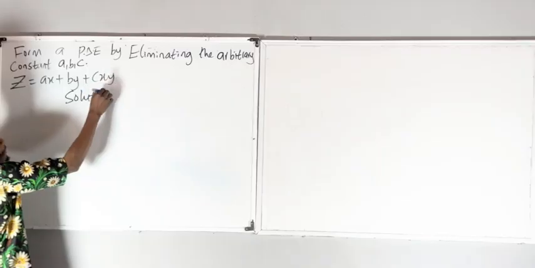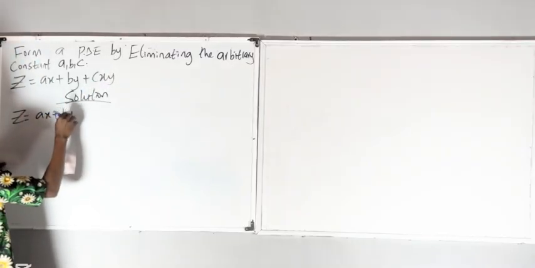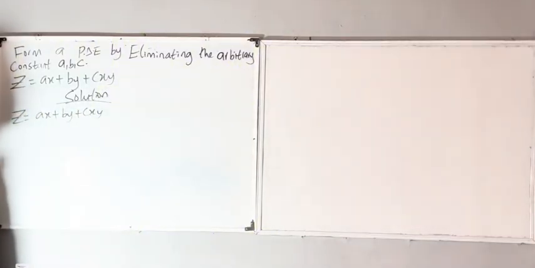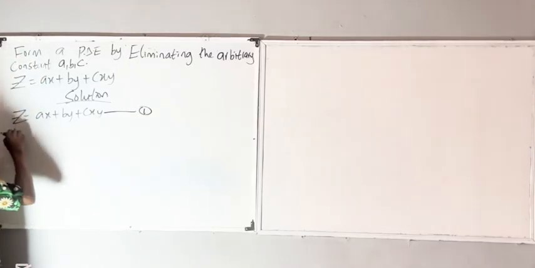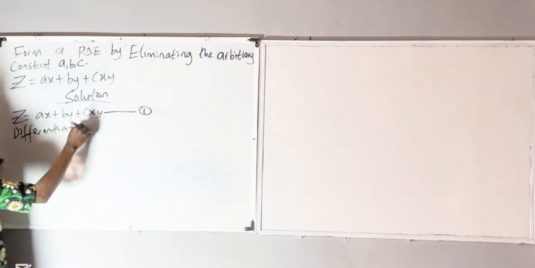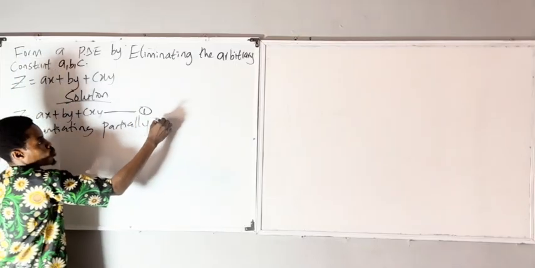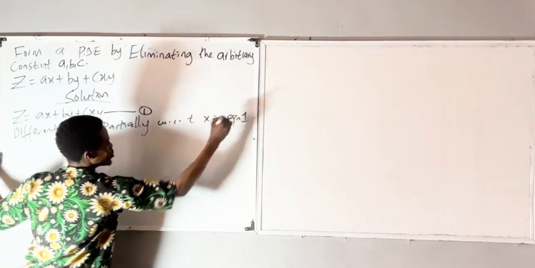So solution, we have z as ax plus by plus cxy. I'm going to differentiate equation 1 partially with respect to x.